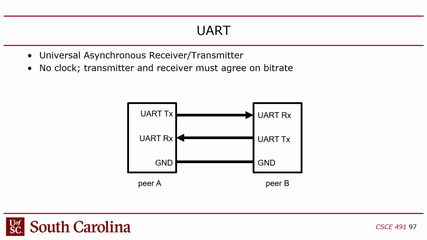and vice versa. So in order for this to work, it's not like SPI where you connect MOSI on one side to MOSI on the other, and MISO on one side to MISO on the other. In SPI the connections are made by matching names, right? You match up the pins.